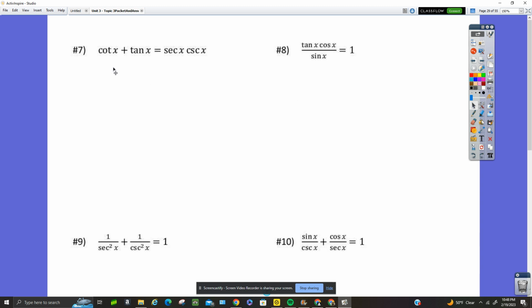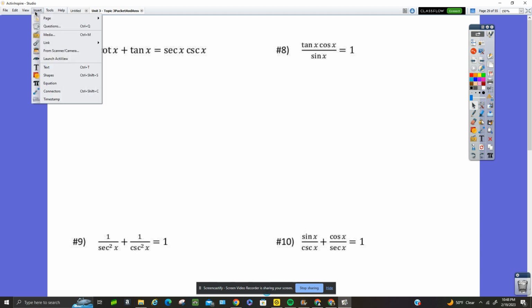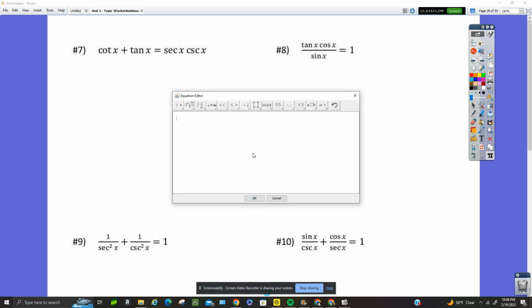So I could start on either side here, but let me start on the left side here. Cotangent. And tangent is sine over cosine.